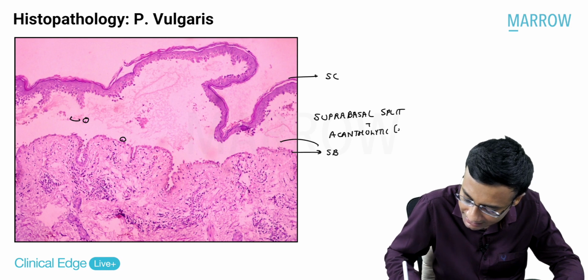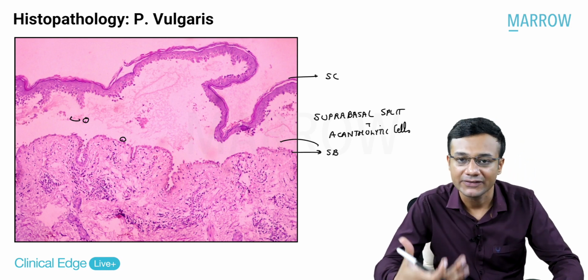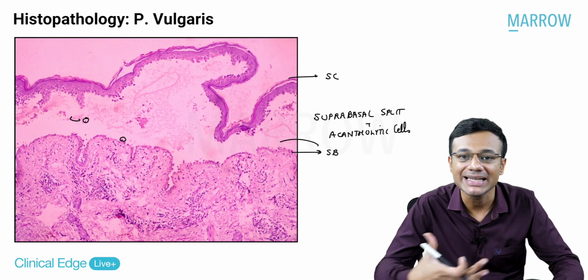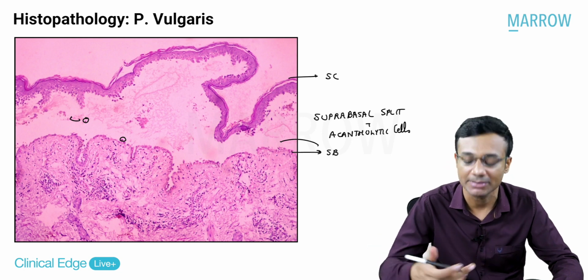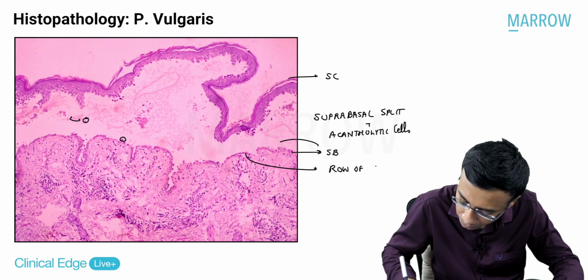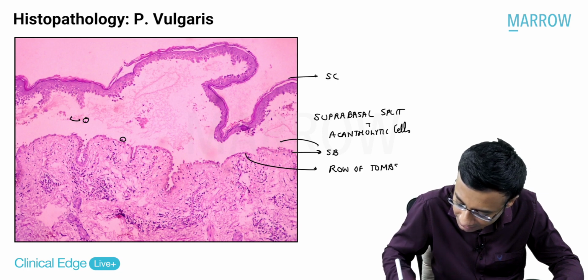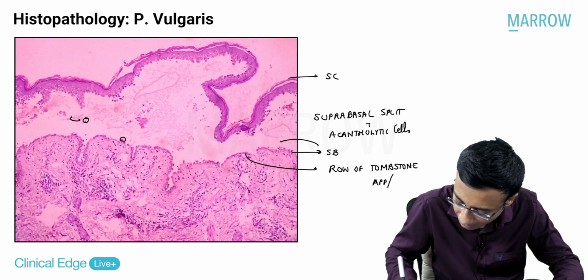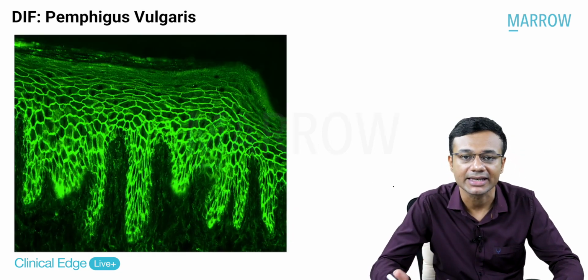The basal layer remains intact, attached to the basement membrane zone, and this is called the row of tombstone appearance. Row of tombstone appearance is the histopathology of pemphigus vulgaris.